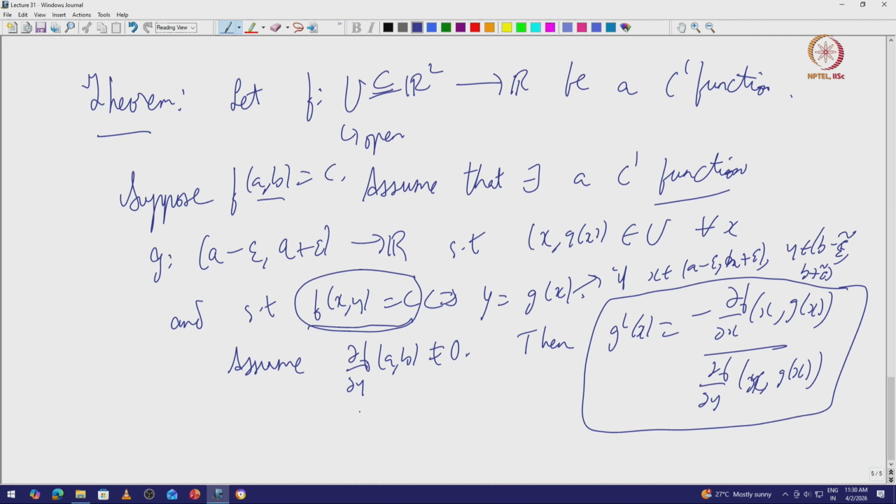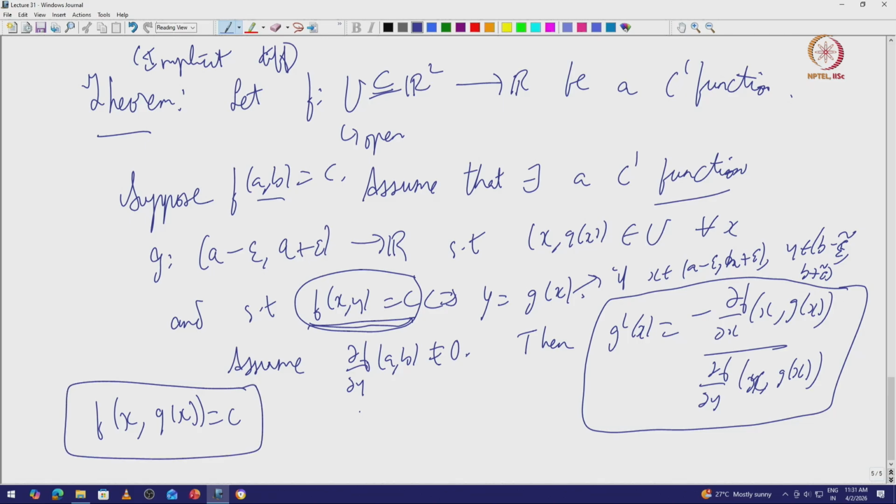This is called the technique of implicit differentiation. Okay. This is easy to prove using the chain rule. You simply differentiate this with respect to x by assuming y as a function of x, that is if you take this equation and you simply differentiate this using the chain rule, then you will easily arrive at this formula. Okay. So, this is an easy thing to prove.